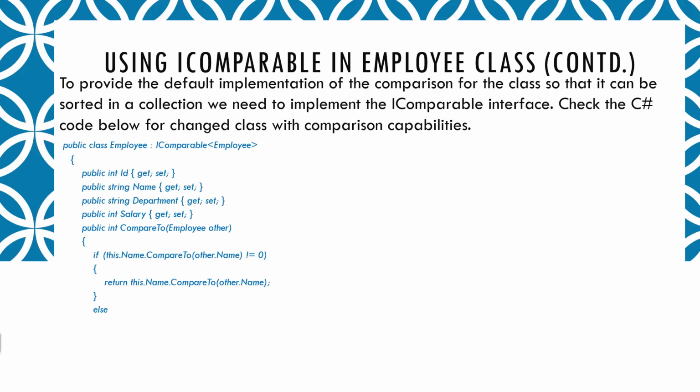There is just one method it needs to implement, CompareTo, and in the CompareTo method an instance of the Employee object is passed and it returns an integer, right?